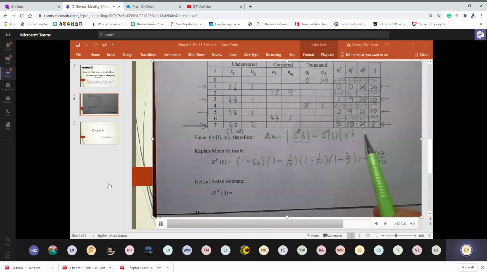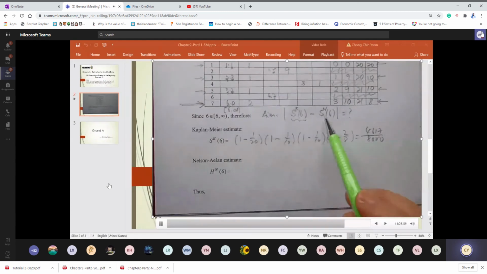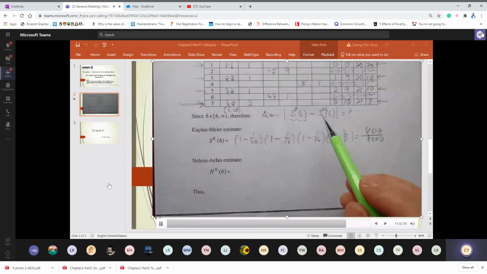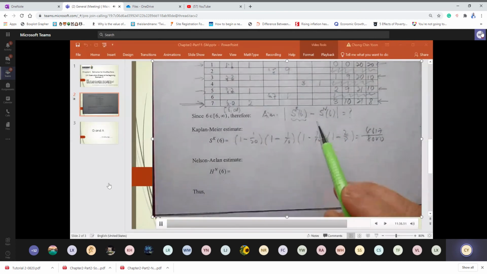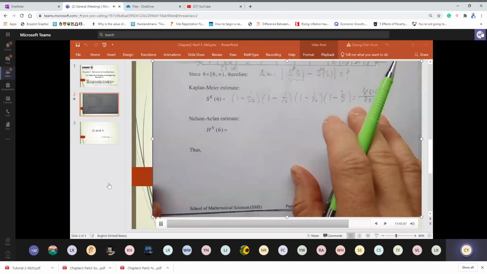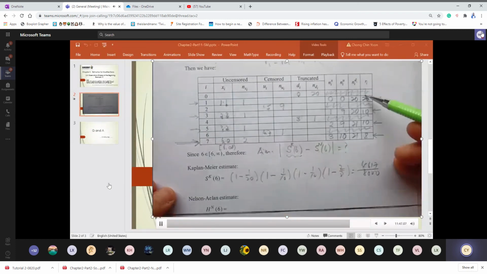And next I'm trying to use the Nelson-Aalen to count. Now we know that the Nelson-Aalen is to calculate the cumulative hazard rate instead of survival. So let's calculate the cumulative hazard rate at 6 by using Nelson-Aalen. Again, we have to consider all the risk values here.